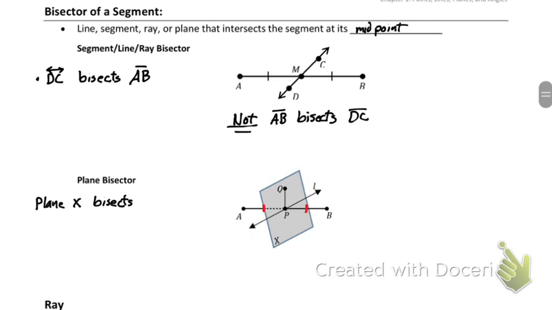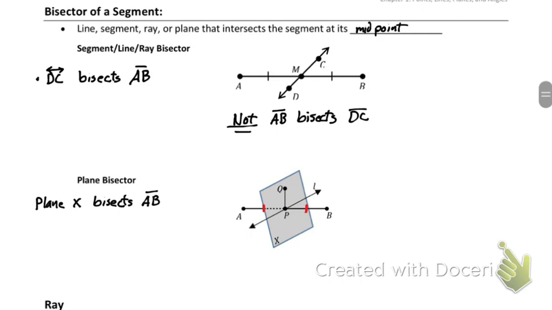Maybe. Just raise your hand. Yeah, AB. It's going to be segment AB. Because P is the midpoint, we know we're bisecting this segment. It should be the last one that's said. So that's segment AB. A plane can't bisect a line. I don't even have points on a line to make it a segment. We could put some on, but we have segment AB. All right, so those are bisectors. Most of the time we don't do plane bisectors.